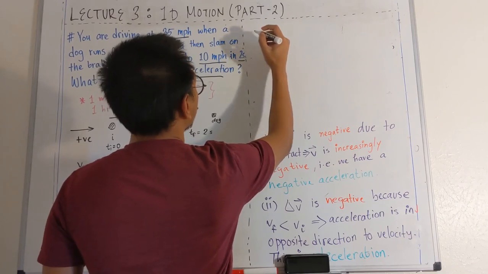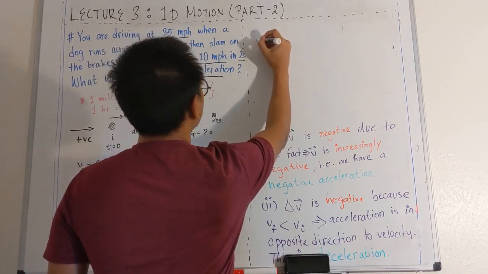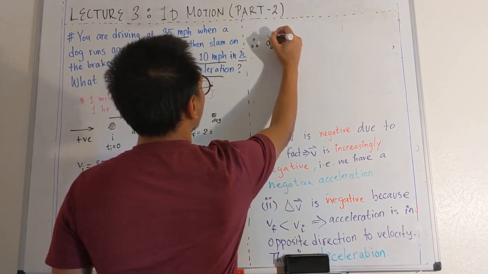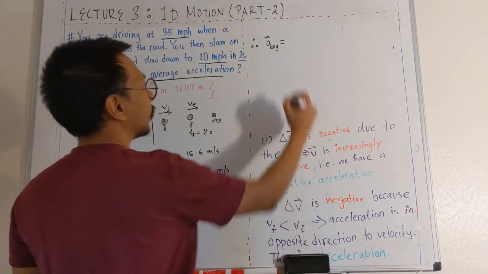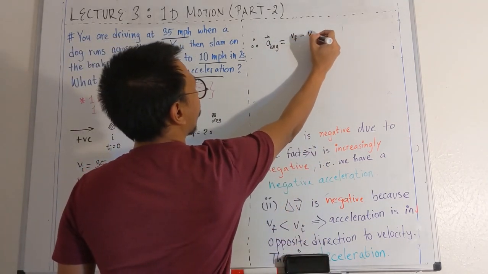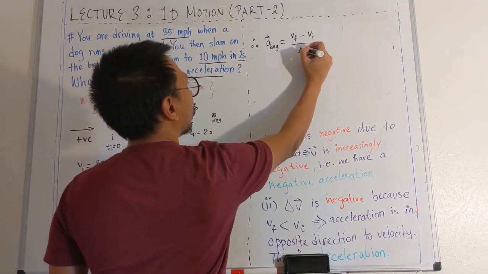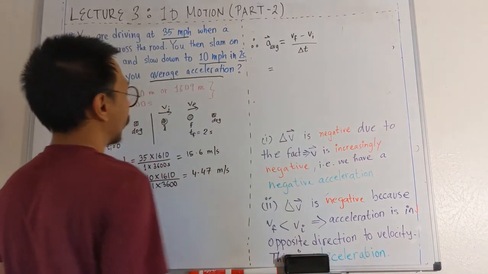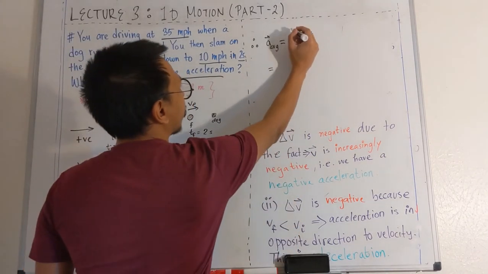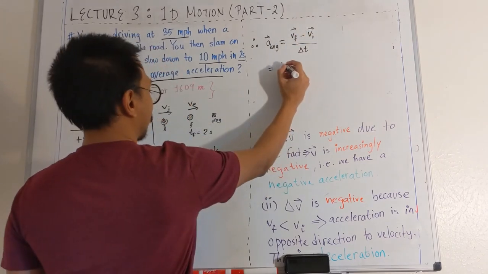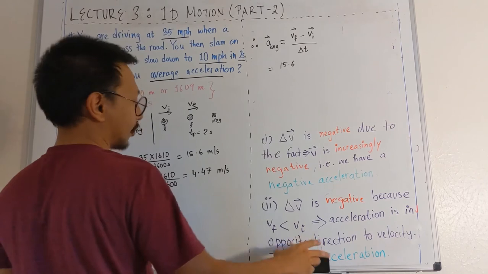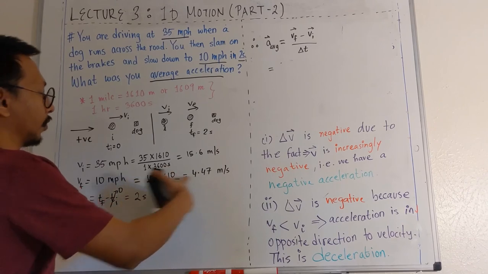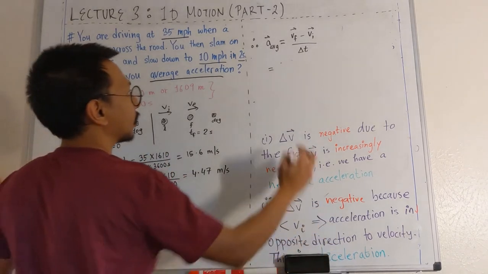Let us calculate average acceleration. Therefore, average acceleration is equal to VF minus VI over delta T. Again, these are both vectors. VF is 4.47, VI is 15.6.